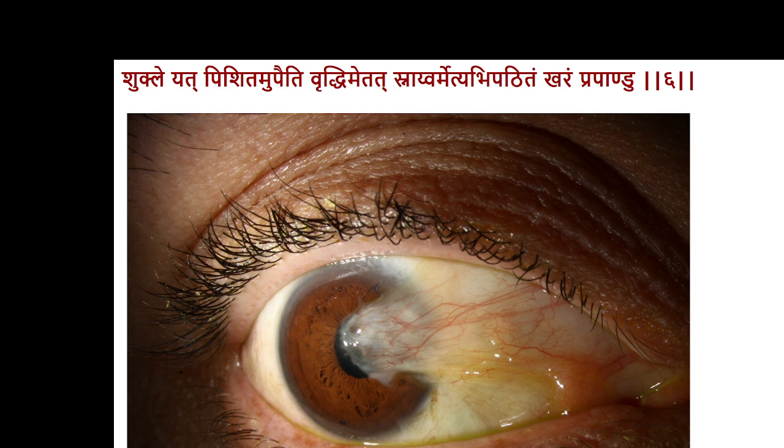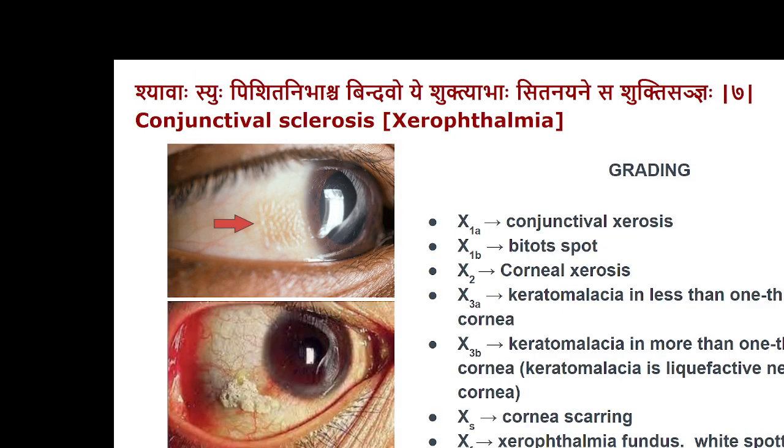Now, all these names are simply a reflection of what is now considered as grading. Otherwise, they are the same lesion. In the present day, we consider all pterygium as a single disease with different grades, whereas Sushruta named them as five varieties of different diseases.